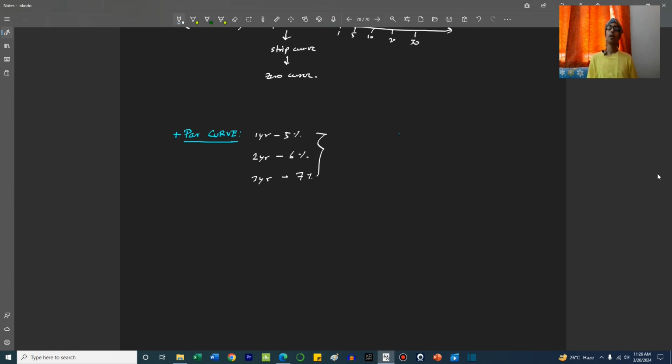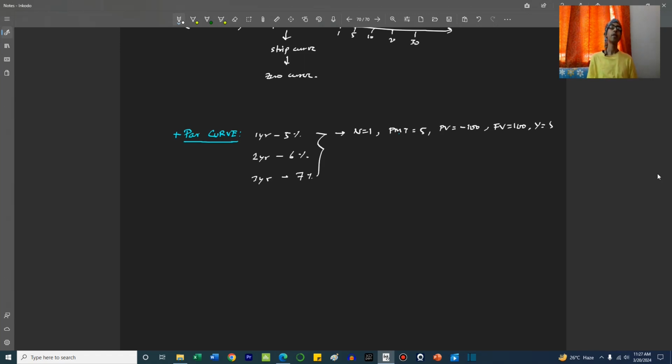So for the 1-year bond, n is equal to 1, coupon is 5, present value has to be par, and future value is also at par. Therefore, the yield should be 5%, right?